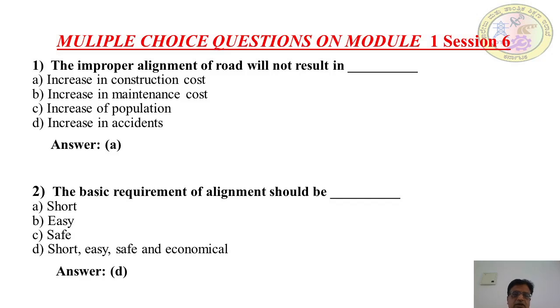The first one: the improper alignment of the road will not result in: A, increase in construction cost; B, increase in maintenance cost; C, increase in population; D, increase in accident.